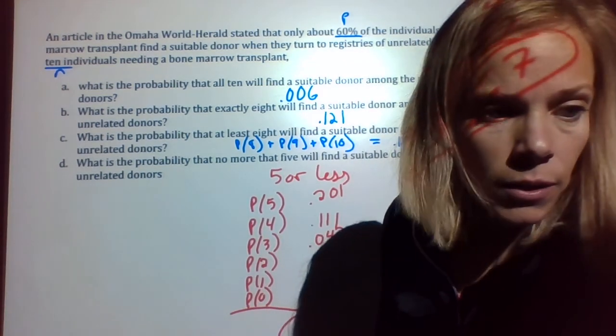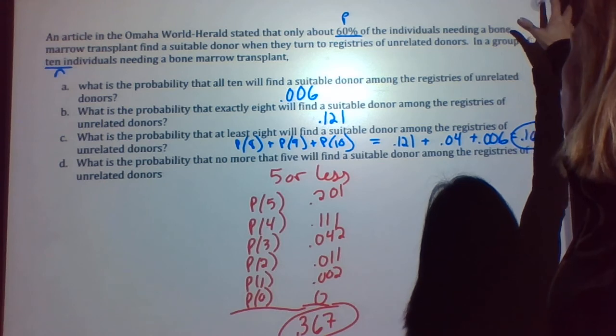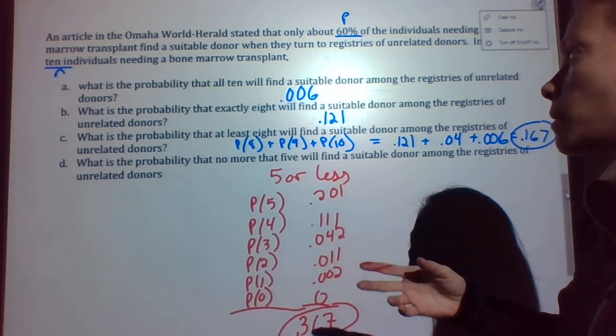There you go. Okay, so your homework is in your book, but I am going to change it a little bit. I have to change the probability so you could use the table.